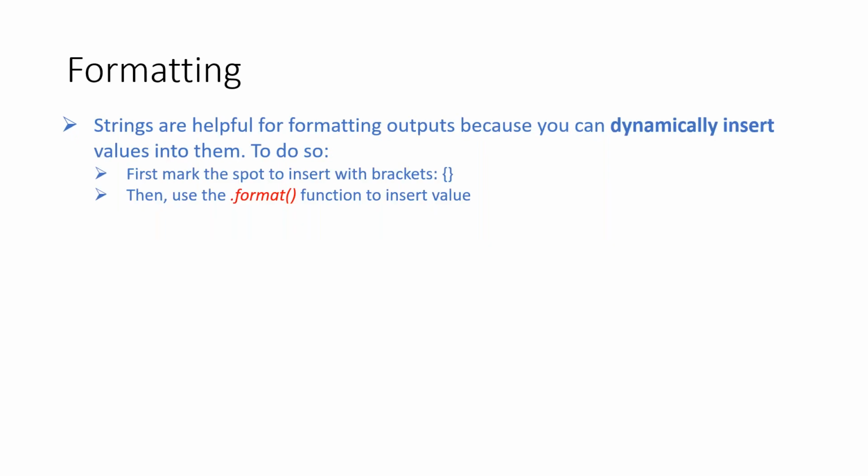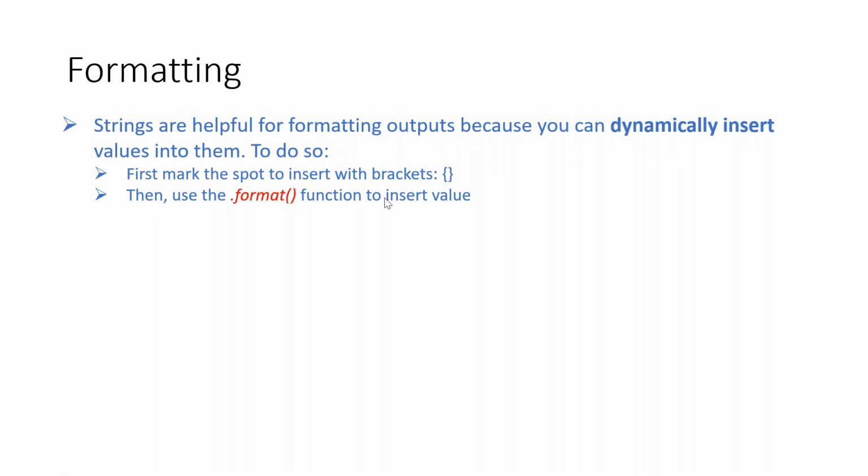A very interesting string feature that we use most often in our ML projects is the dot format function inside a string definition. Strings are very helpful for formatting outputs because you can dynamically insert values into them.